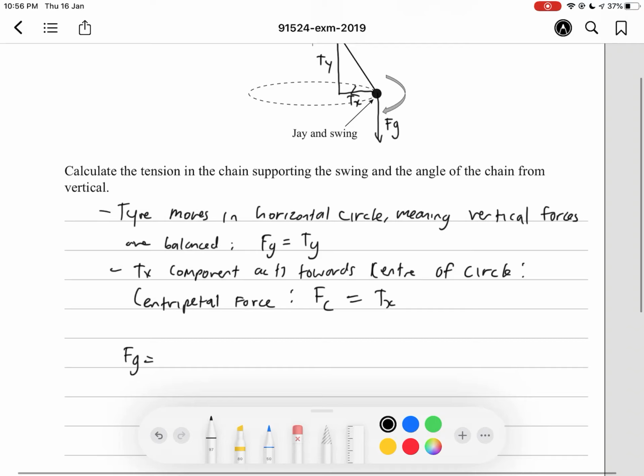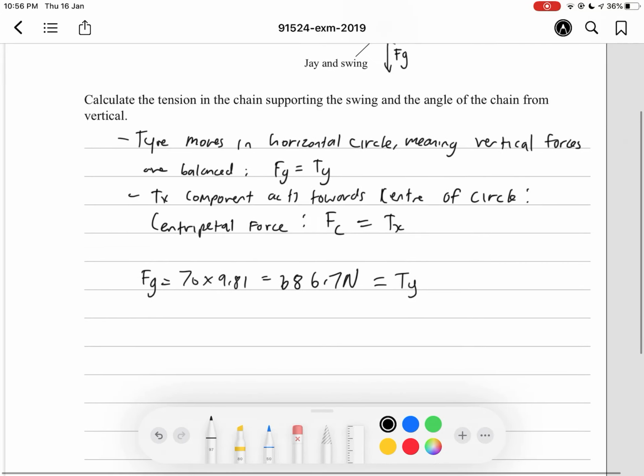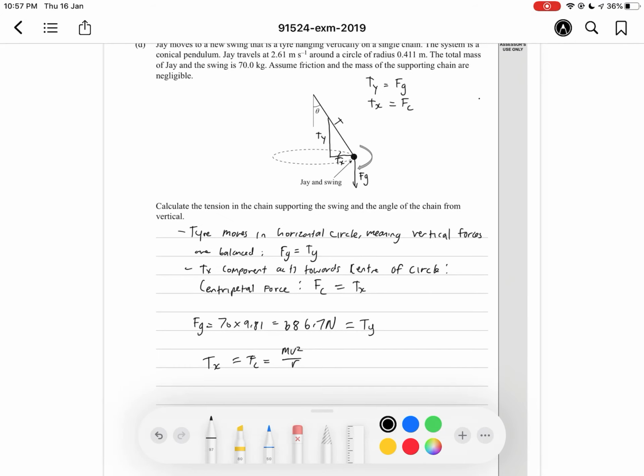Our mass is 70 kilograms, so Fg is equal to 70 times 9.81. That gives a vertical weight force of 686.7 newtons, and this is equal to the Ty component as vertical forces are balanced. We have Tx acting towards the center of the circle, so Tx equals Fc, which equals mv squared over r.